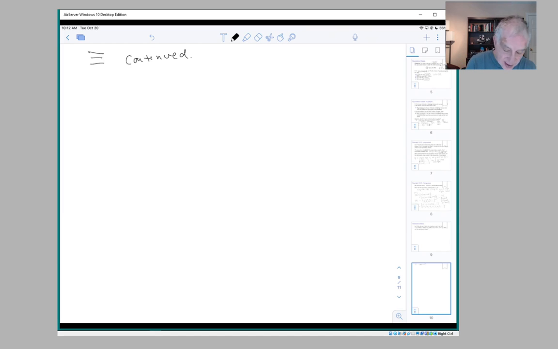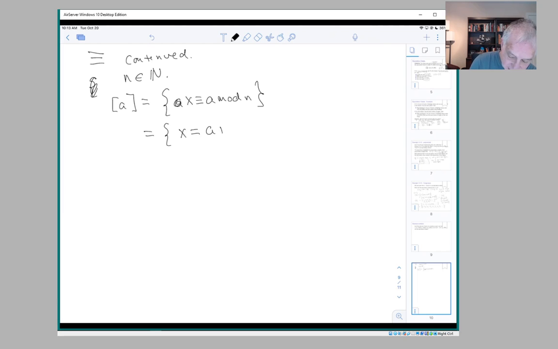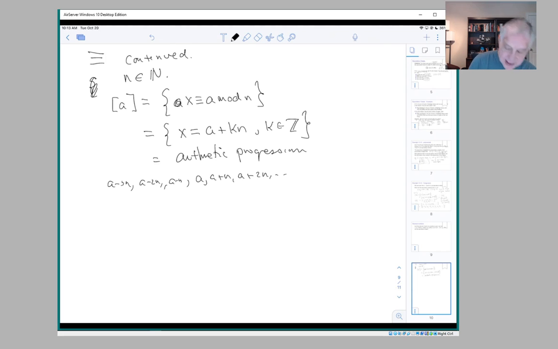More generally, if n is an arbitrary natural number, and we take the equivalence class of a, which is the set of x congruent to a mod n, this is equal to the set of x which are equal to a plus kn for k in Z, which is the arithmetic progression of the form a, a plus n, a plus 2n, a minus n, a minus 2n, a minus 3n, and so forth.